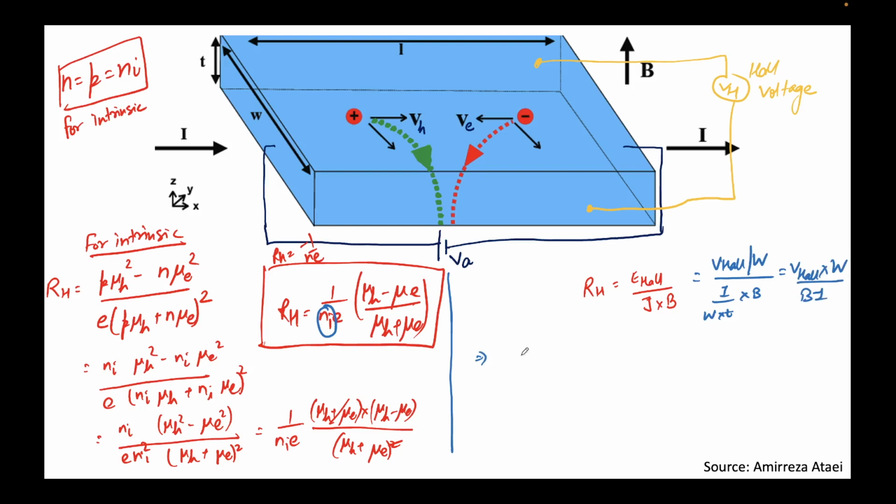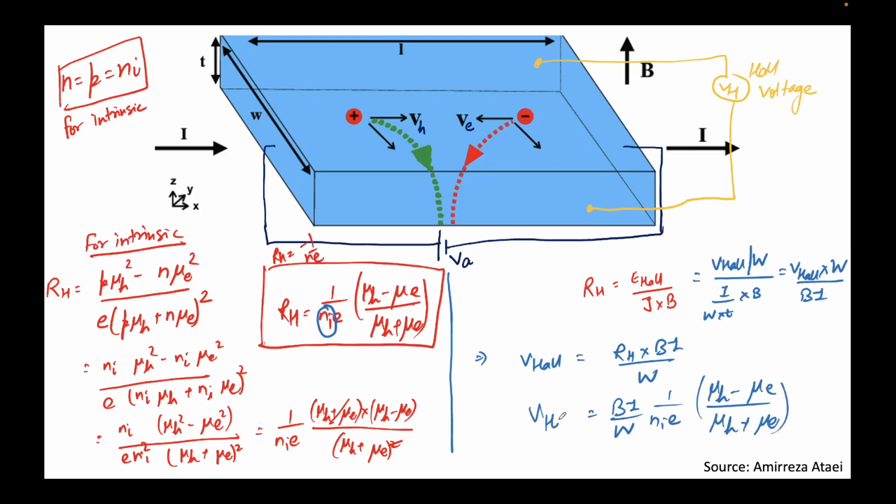This will give us V Hall equal to RH times BI over W, and I'll replace the value of RH that we obtained here. So I'll get BI over W, and RH is 1 over Ni e times (mu h minus mu e) over (mu h plus mu e).